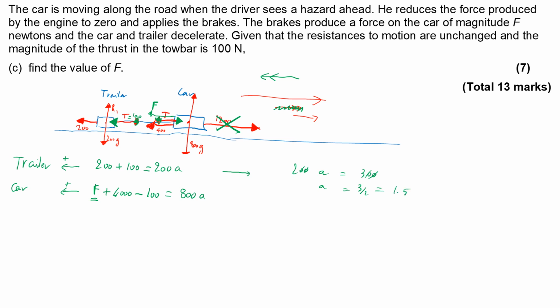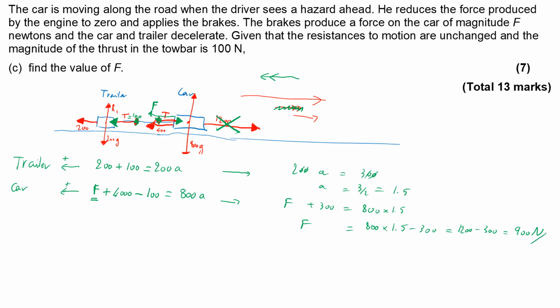And then finally for the second equation, now I know that a is 1.5, so I've got F plus 300 equals 800 times 1.5. So this braking force is going to be 800 times 1.5 minus 300. So 800 times 1.5 is 1200, minus 300 is 900. And don't forget the unit, newtons.